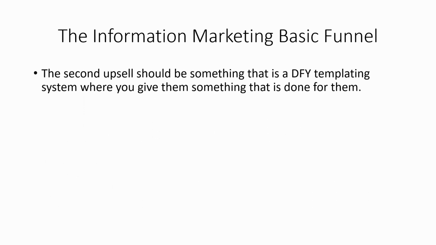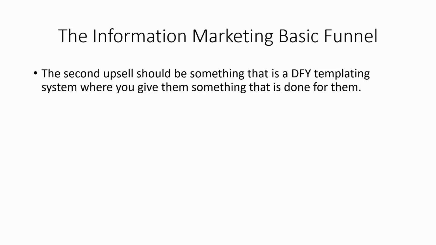Now let's talk about the second upsell. What you're basically going to say is, hey, do you want to move faster? Then we're going to give you some templates of some kind. Basically, you're going to take part of the process that they're learning, you're going to do some of it for them, and you're going to give that to them so they can do it faster. That's basically the idea in the second upsell. And this is a totally distinct offer from that first upsell.